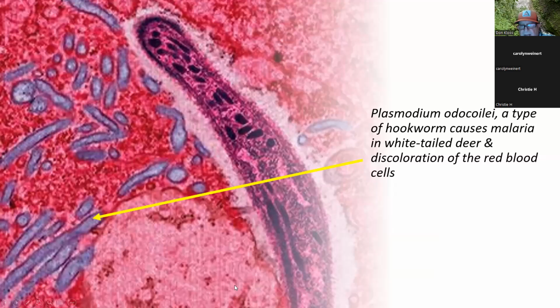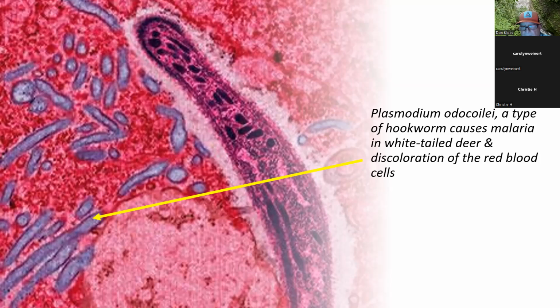And this is Plasmodium odocoilei, and it is a type of hookworm. It causes, believe it or not, malaria in white-tailed deer. That's the only animal it affects. You'll only find this in white-tailed deer. Does it kill them? It gives them malaria, which can kill them.